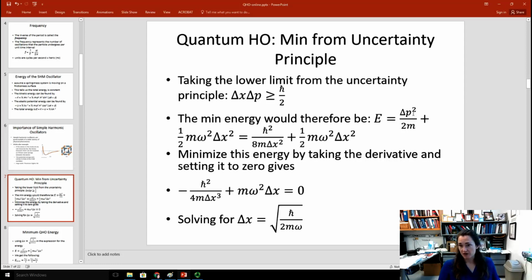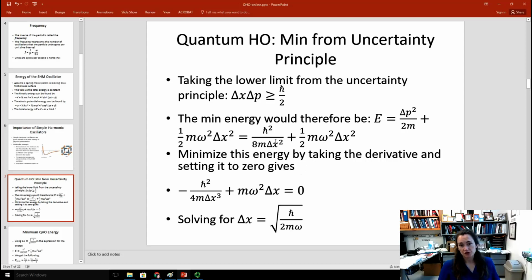So here you would have E is delta p squared over 2m plus 1/2 k delta x squared, and k is m omega squared here. Summing that up would give you your minimum possible energy. Now, you can find the minimum of that function by taking the derivative and setting it equal to 0.